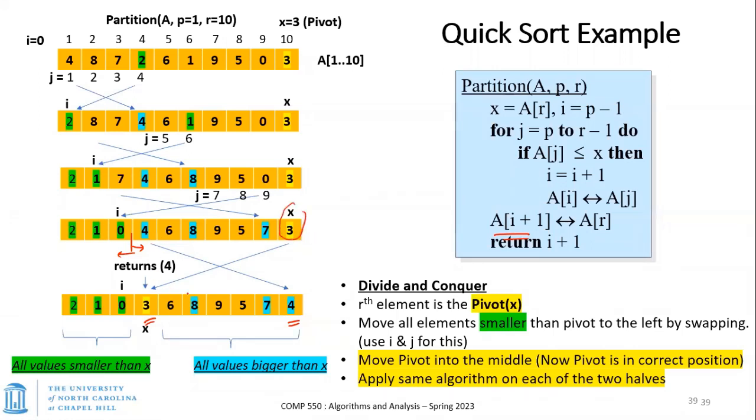So 4 goes over here and the pivot comes over here. Now all of these values are less than 3, and all of these values are greater than 3. So essentially we have divided the problem into two perhaps smaller problems, and we have put the pivot in the right location.